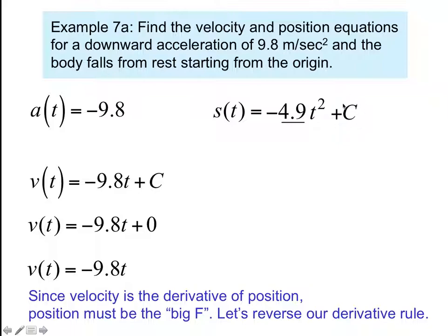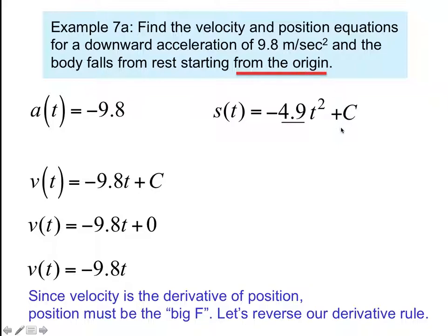Notice I used plus c again, and that's okay to use multiple times. It just represents any number. But the number isn't really random, because the problem states what the number should be. We are starting from the origin, and from the origin means an initial starting value of 0.